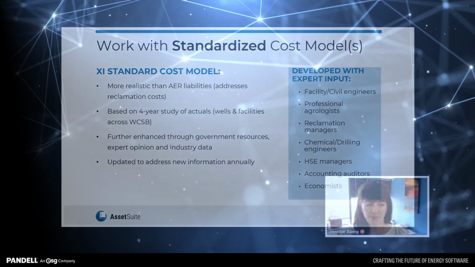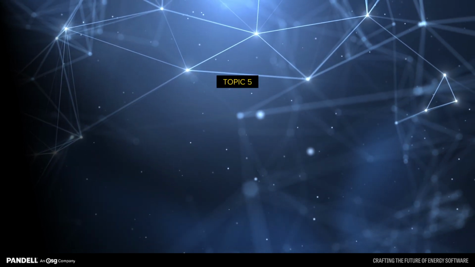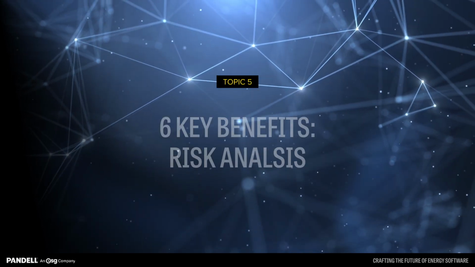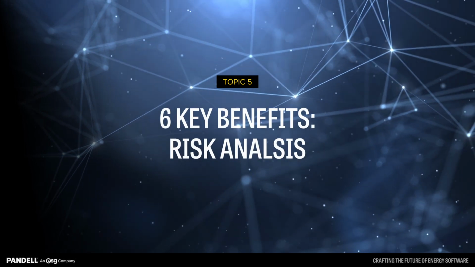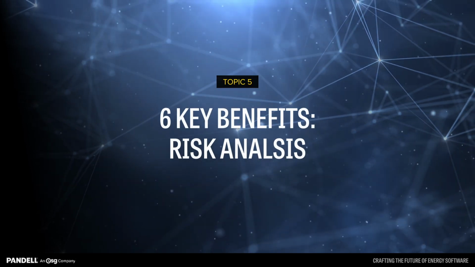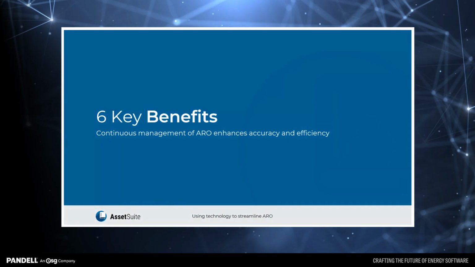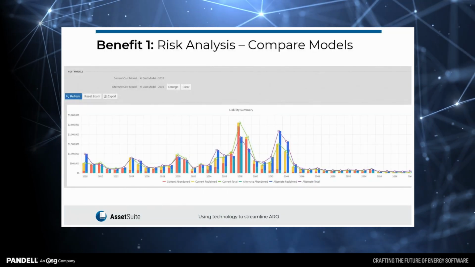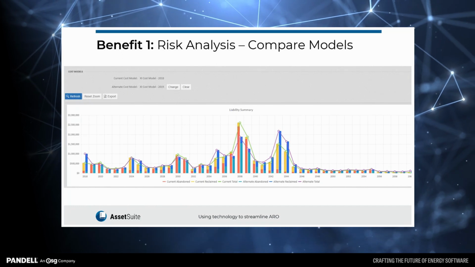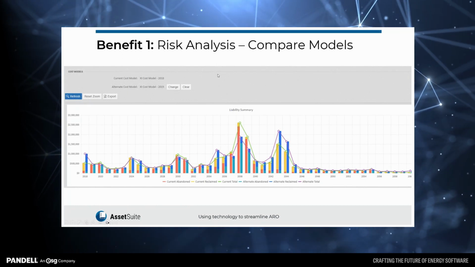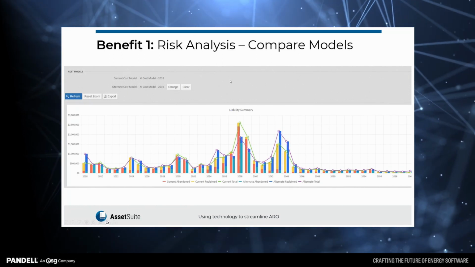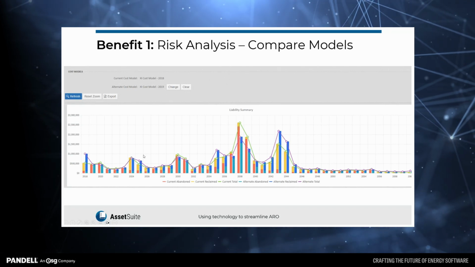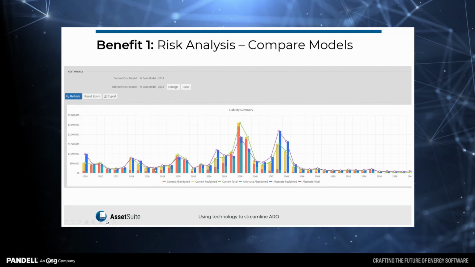Exactly. So we're going to get into the six key benefits of using a well data management type system for your ARO and how it's going to enhance your accuracy and efficiency. So our first graph is comparing models. This is a graph from our software, but this could be any sort of reporting out of your well data management.